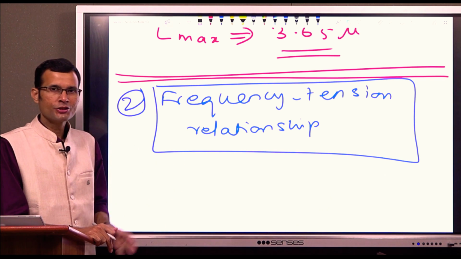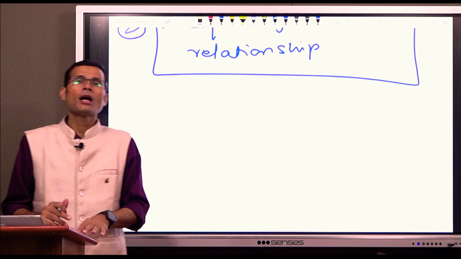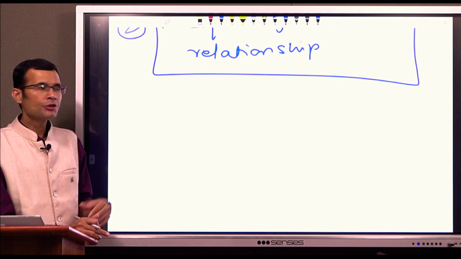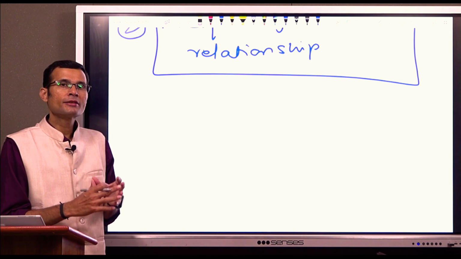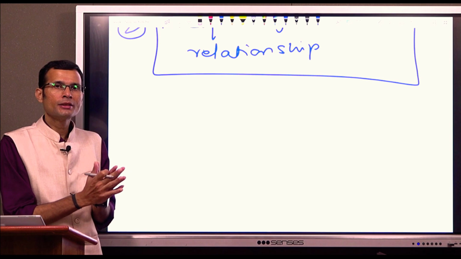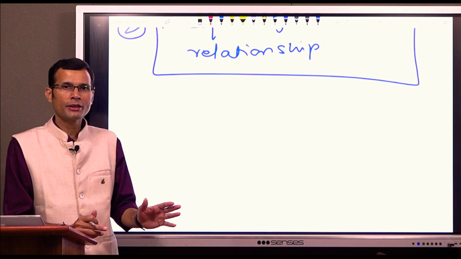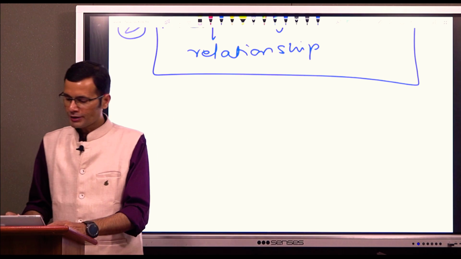Let's see this relationship. Frequency tension. Now, before we actually understand this relationship, let's first learn about one single isolated muscle contraction, and we will take things from there to understand the frequency tension relationship.